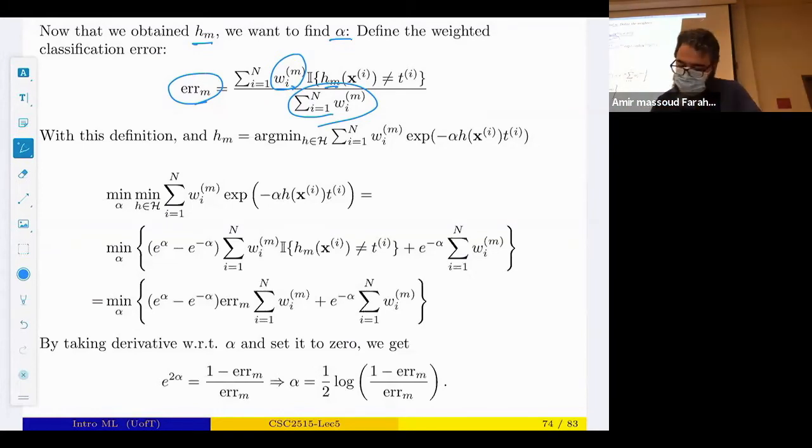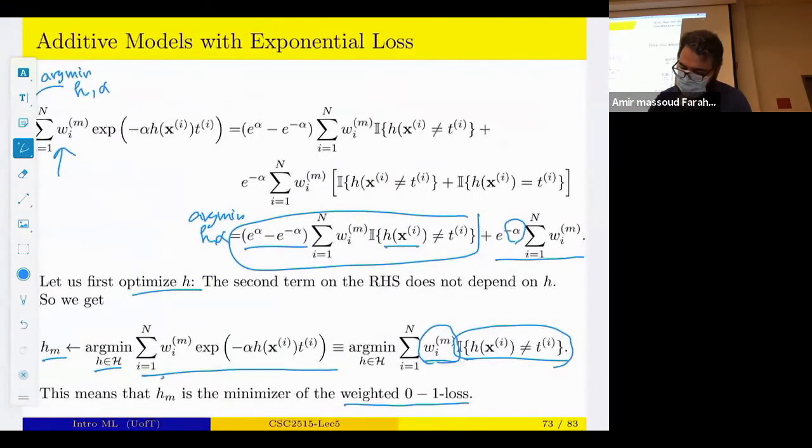So with this definition and the fact that h_m is the argmin of the weighted exponential of minus alpha times t for each of the data points, we get that the minimum over alpha of the minimum over h of the loss would be, we plug in the result of h. So it would be the minimum over alpha of e to the power of alpha minus e to the power of minus alpha, times again both terms that we had here.